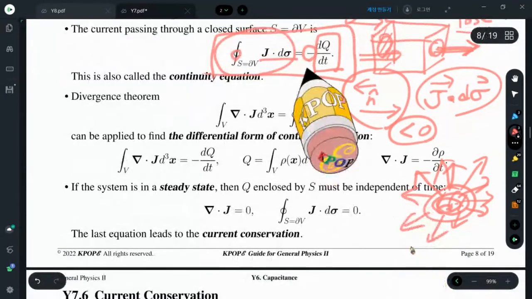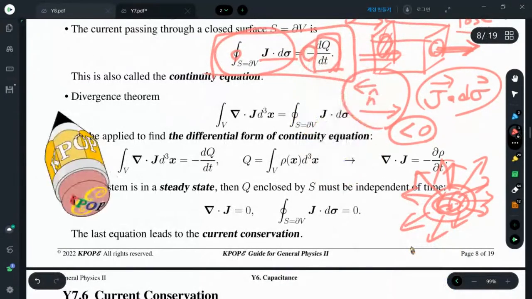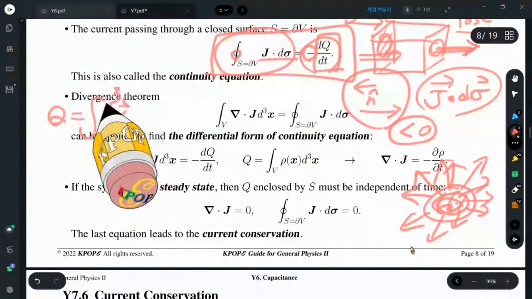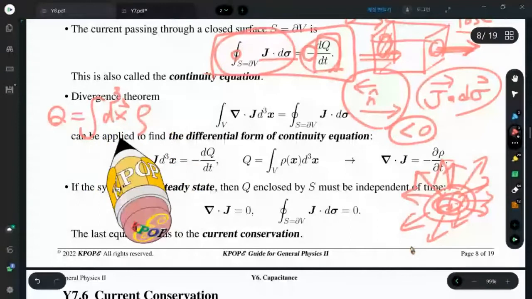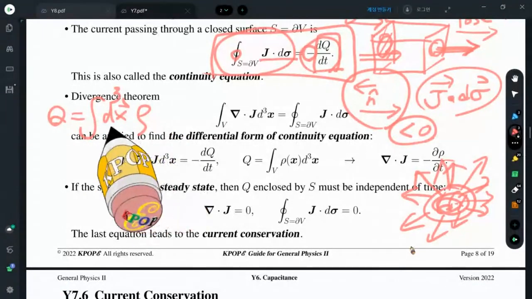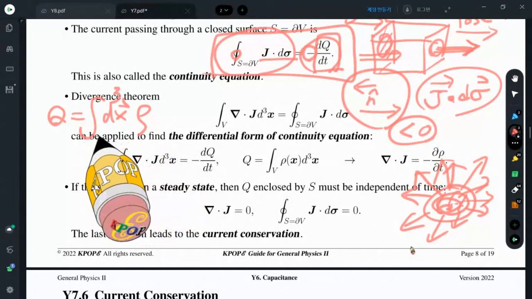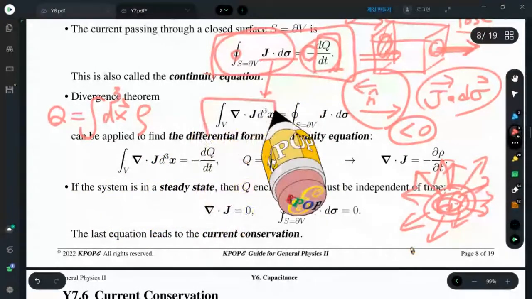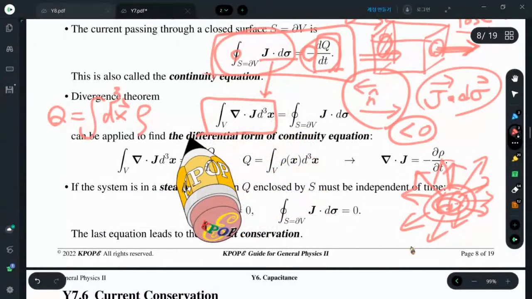In fact, this can always be expressed in terms of a volume integral. Charge is the volume integral of density. And we know how to convert this one into a volume integral. This is the consequence of the divergence theorem.